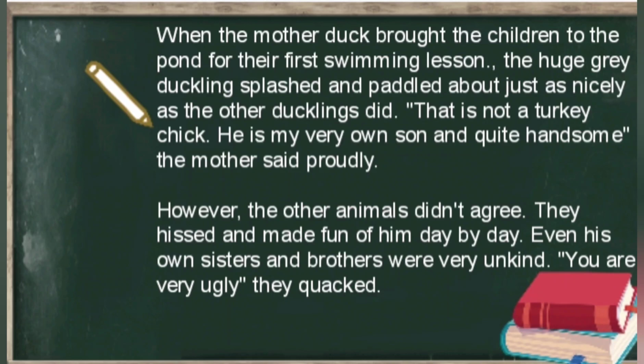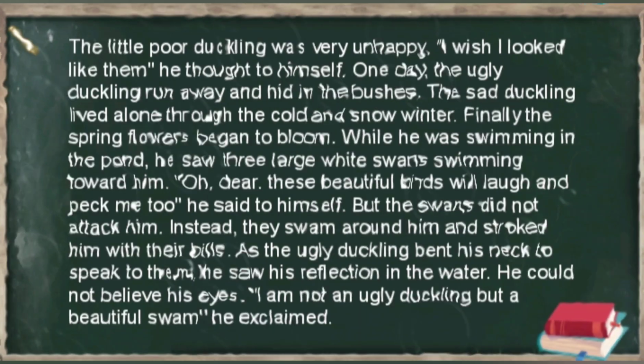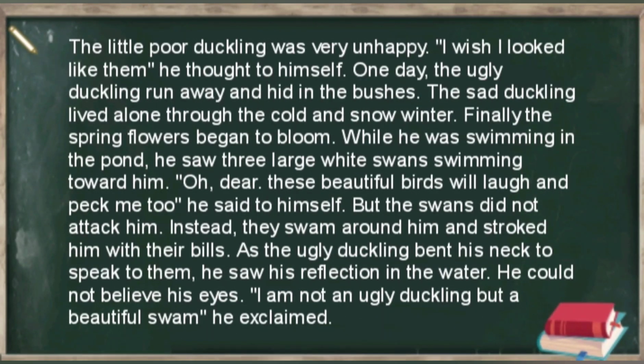However, the other animals didn't agree. They hissed and made fun of him day by day. Even his own sister and brothers were very unkind. "You are very ugly," they quacked.